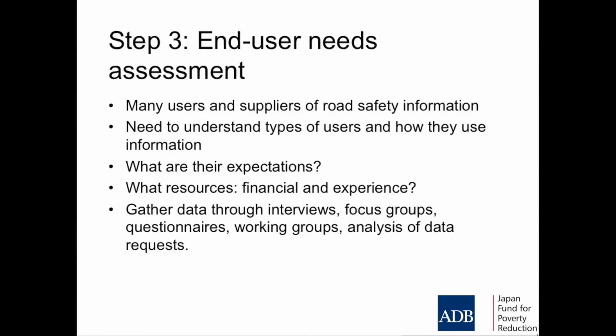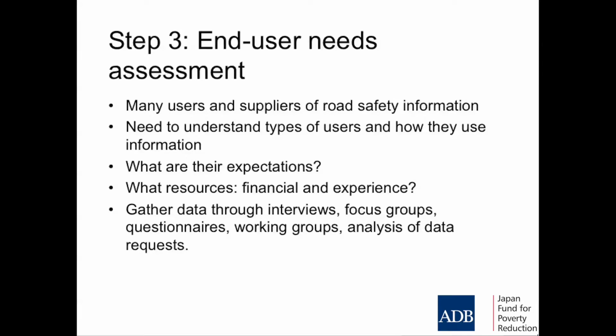We need to do an assessment of how people use this information. We've already briefly touched on this, but there are many people around who use information and also who collect information. What are the types of users and how do they use this information? So all of those stakeholders I mentioned before may use this information in different ways. The police need slightly different information to engineers.